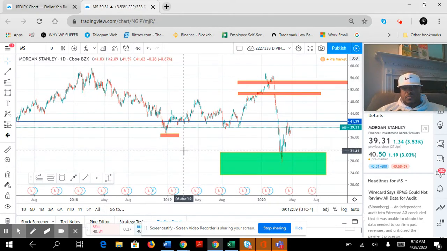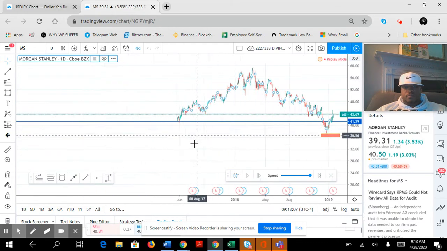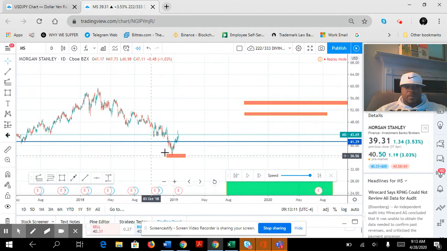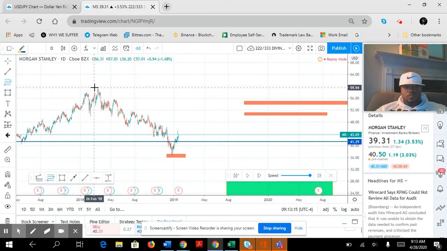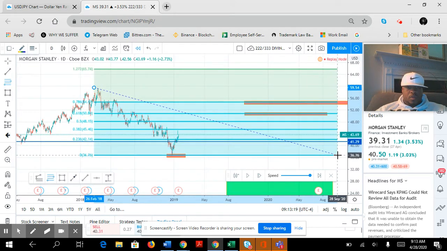The extension tool. So we're going to do a bar replay. We're going to go back in time, and we're going to patiently wait. And we know that what? We're going to measure this move. We measure the moves, and then we will plot on the chart.